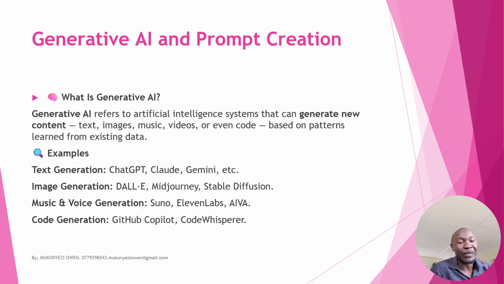Okay? Name it, whatever you need: text, image, music, among others. We have examples. Under the examples, we have text generation, which includes ChatGPT, Claude, Gemini, and others. We have image generation, DALL-E, Midjourney, Stable Diffusion, and others.